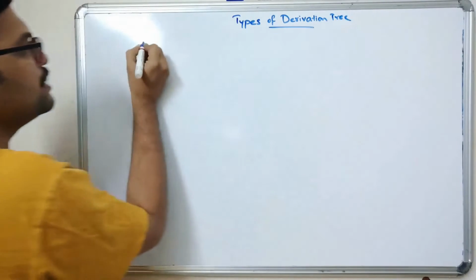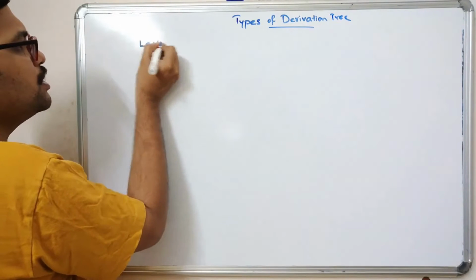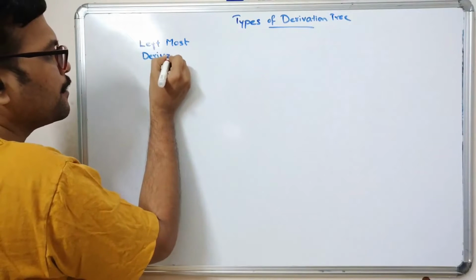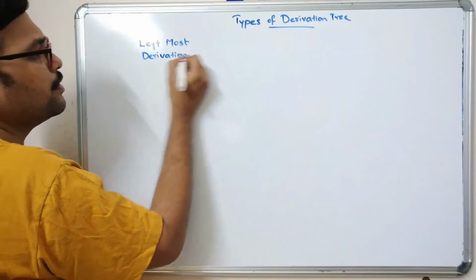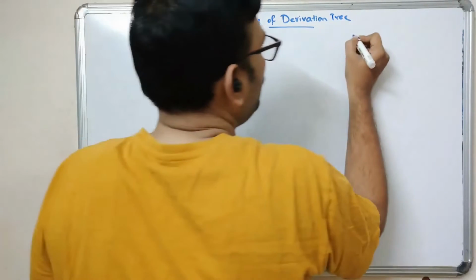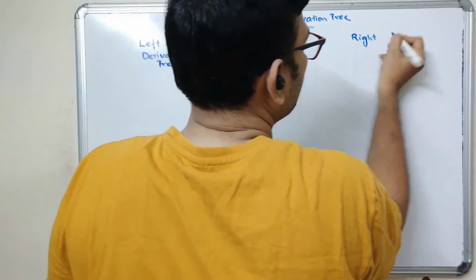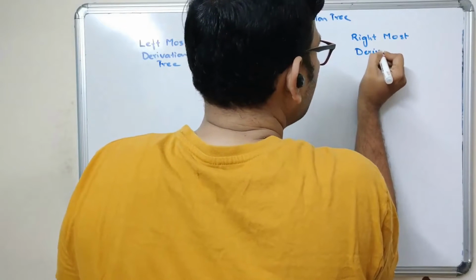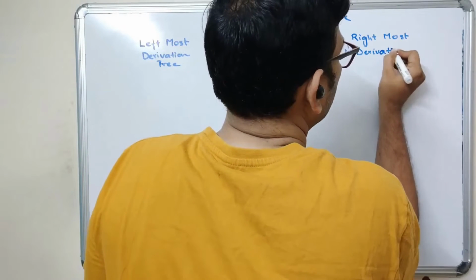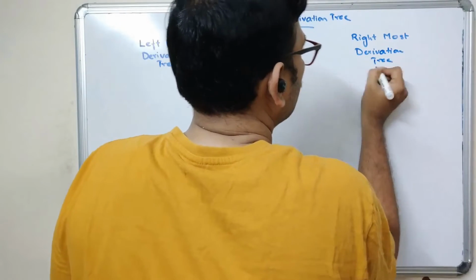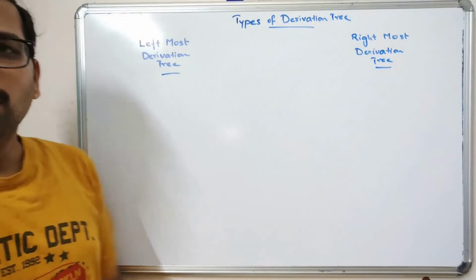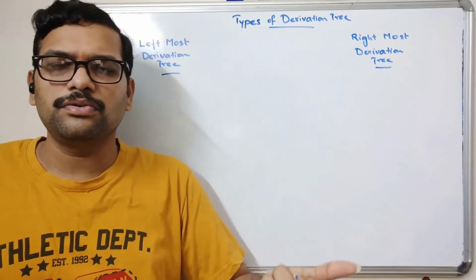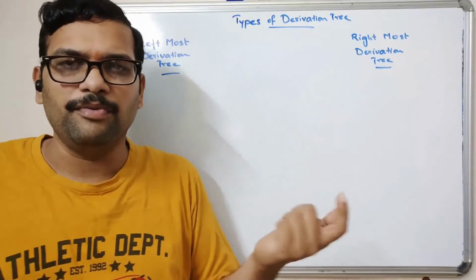So here it is a leftmost derivation tree and rightmost derivation tree. Right, 2 types of derivations. So what is the difference between these, rightmost and leftmost? If you are constructing the derivation tree, we are supposed to substitute the production rules one by one.